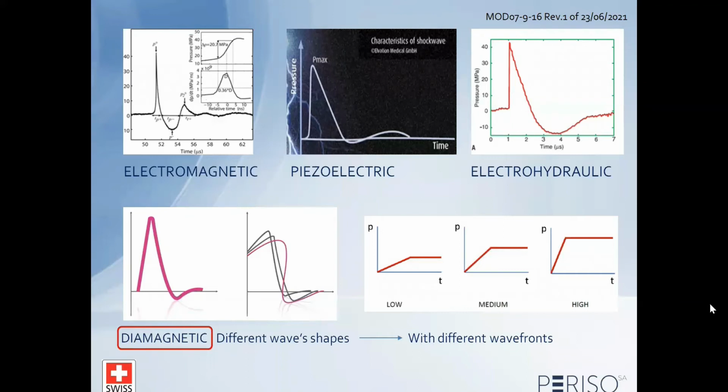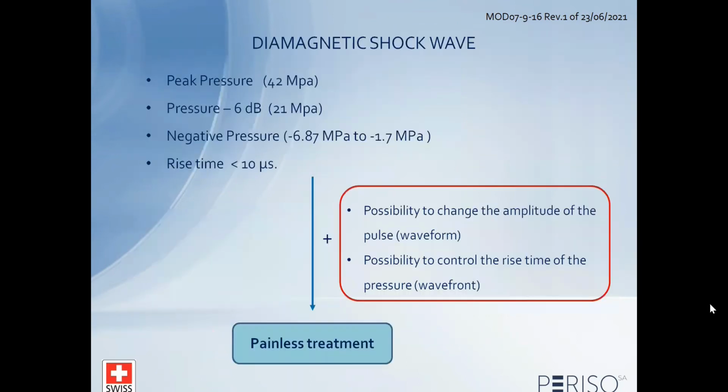With diamagnetic, because of the action of the magnetic field, we can change and modulate the shockwave's shape. We can also have different waveforms, different rise times of the shockwaves. This gives different effects and different impact on the tissue that we treat.